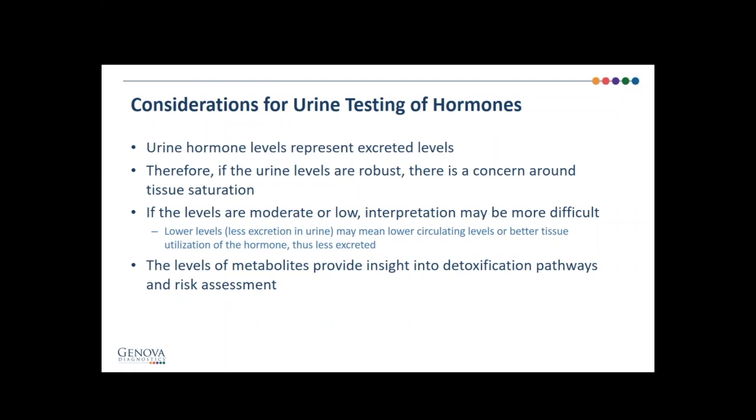So when I see high levels in urine, I feel pretty confident that I'm looking at high levels. When I see moderate to low levels, it's a little trickier in terms of how to interpret those levels. Am I looking at just moderate to low levels or better utilization, less to excrete?